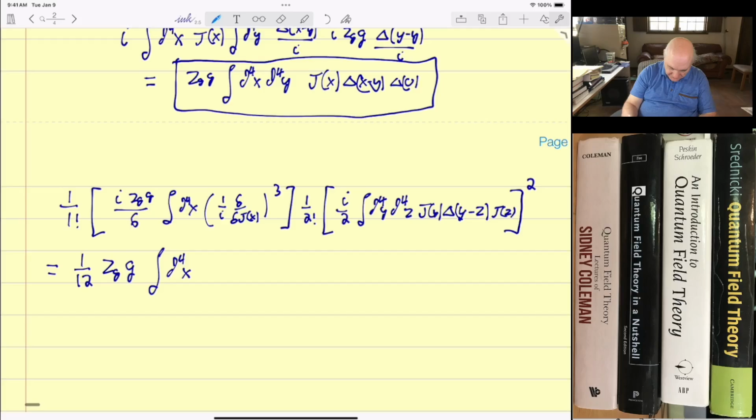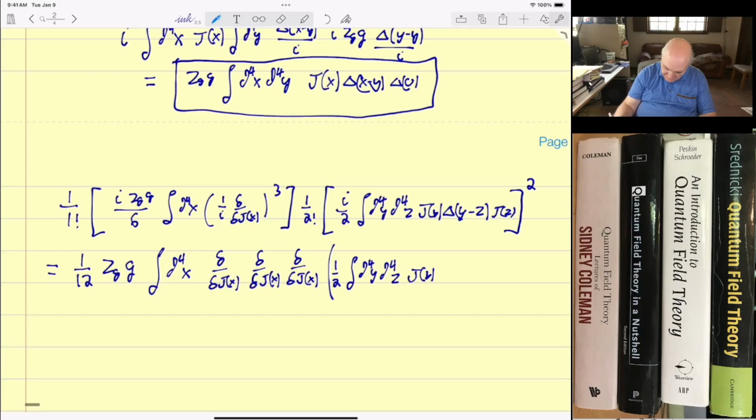Now I'm going to explicitly write this out so that we understand that this is just the third derivative. We're going to apply 3 derivatives of the sources all at the same point. Now we're going to apply it to 1/2 the integral of d4y d4z j(y) Δ(y minus z) j(z).